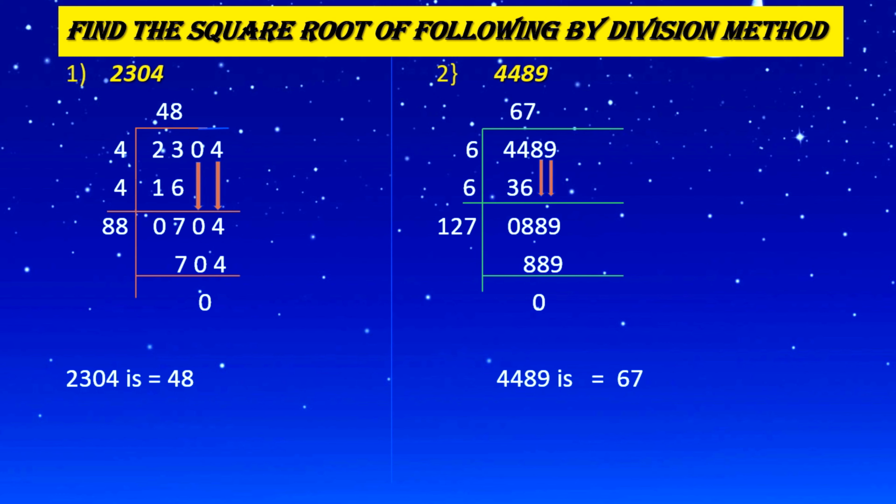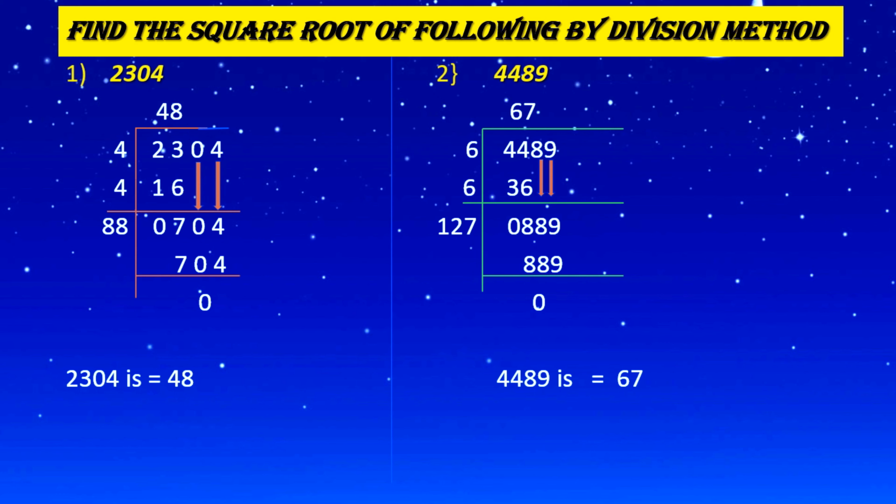Next, the second example is 4489. Let's write 4489 and divide this. For 44, the nearest lesser number is 36, that is 6 into 6 is 36. We add 6 plus 6, that is 12.